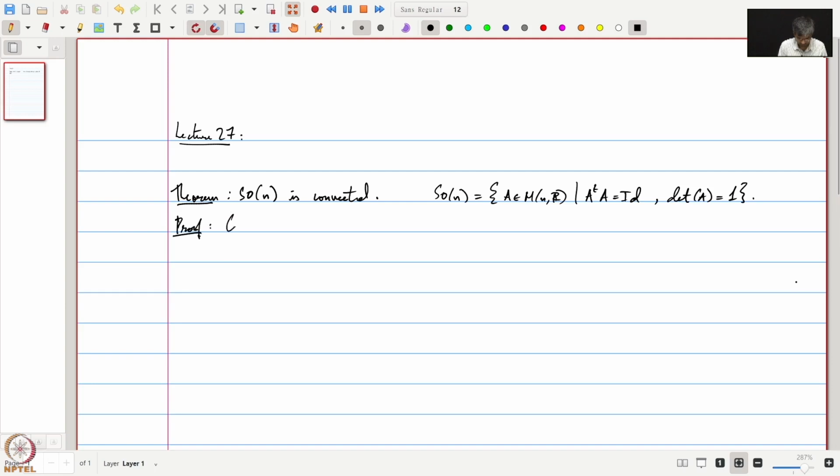So first consider this map from SO(n) to the sphere S^(n-1).